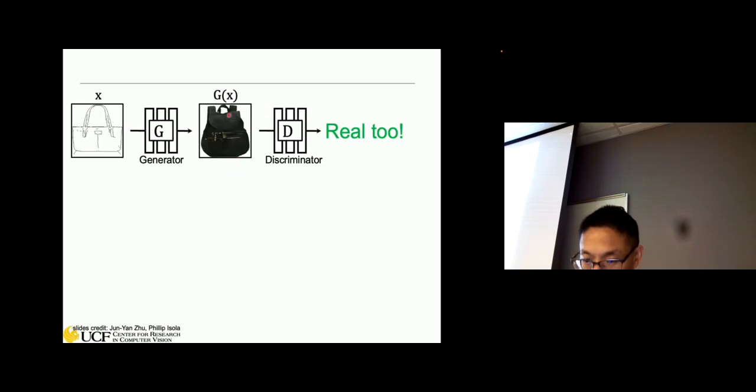This is real too, but for our application, it does not necessarily fit the condition, because ultimately this is our desired output. We want to generate a real image, but also one that fits the condition, like a sketch that looks like this. For this one, it's also a real image, but it's just not our desired output.